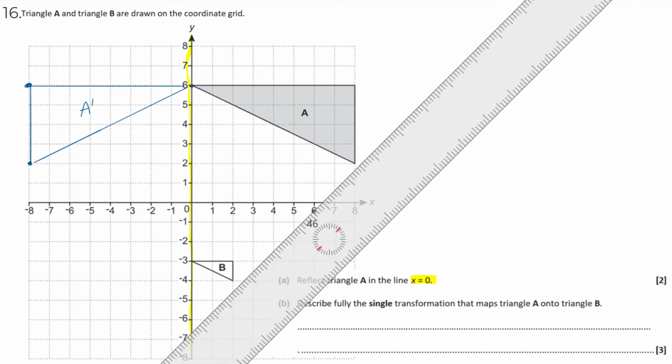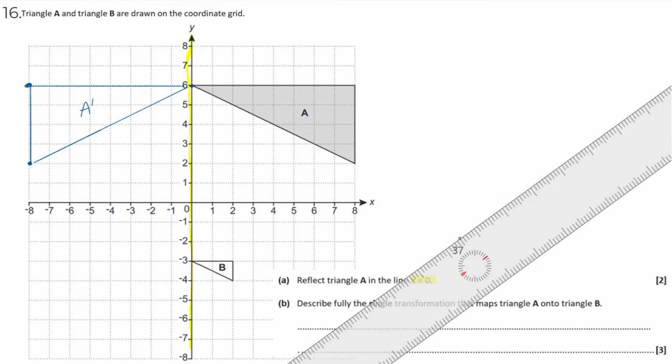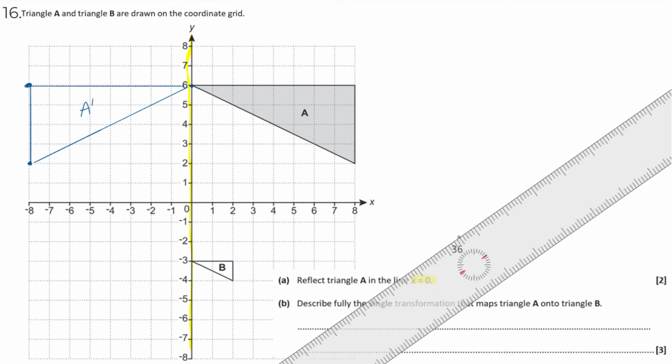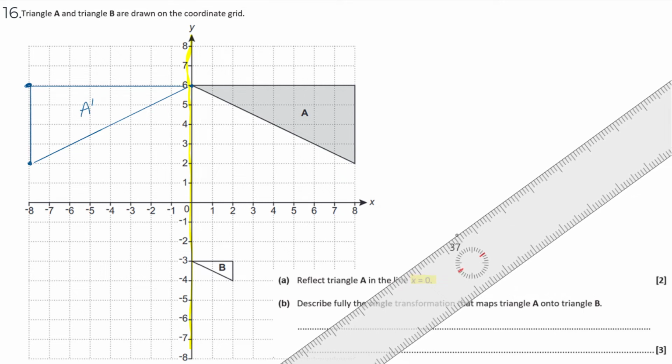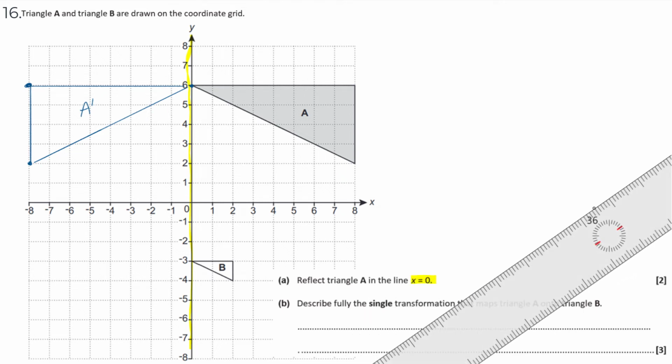So in order to describe this transformation fully, we need to know 2 things about it. We need to know the scale factor, what fraction it's been reduced by, and we also need to know the centre of enlargement. Okay. So first up, the scale factor. If you count the distance along this line here, look, that is 1, 2, 3, 4, 5, 6, 7, 8 squares, isn't it? That's 8 squares. Where it's matching one on the image is the equal one down here.